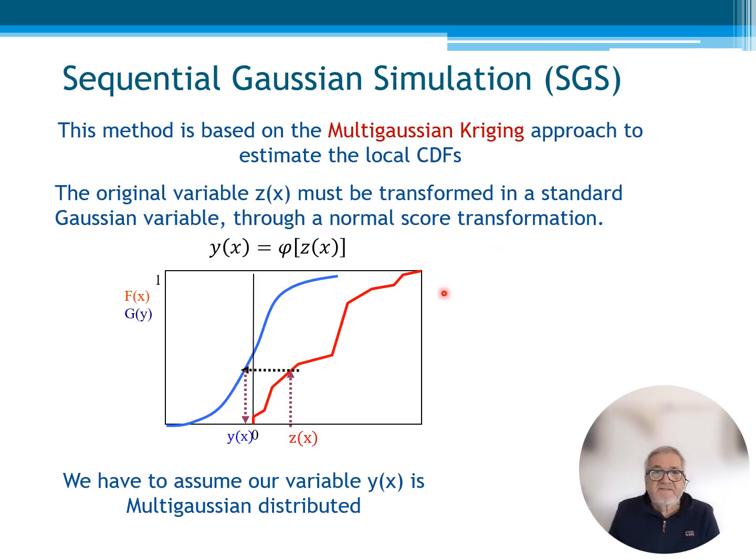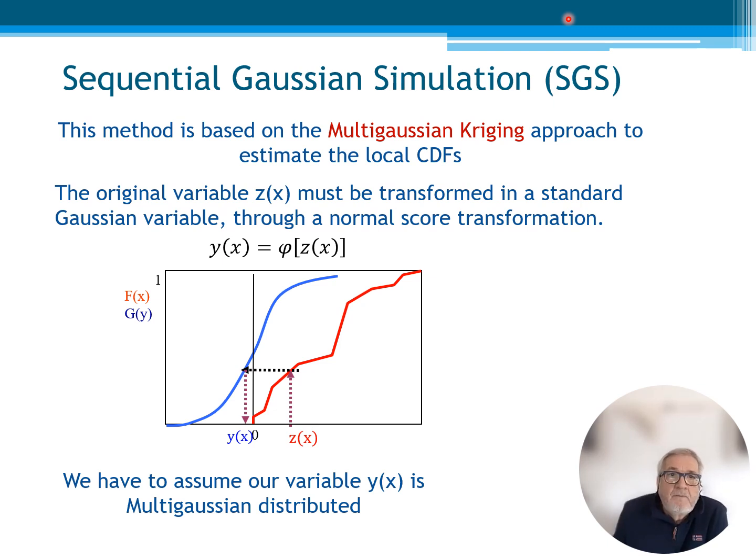Now let's see the second method, sequential Gaussian simulation. This method is based on the multi-Gaussian kriging approach to estimate the local CDFs. As we have seen in previous lectures, multi-Gaussian kriging assumes that our variable is multi-Gaussian distributed.